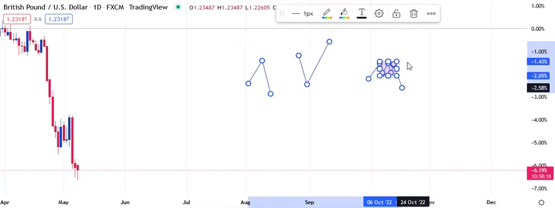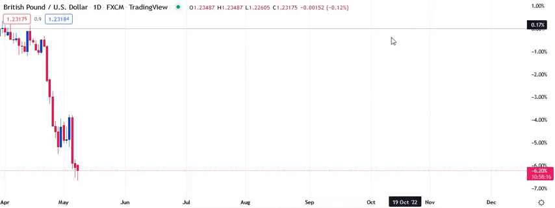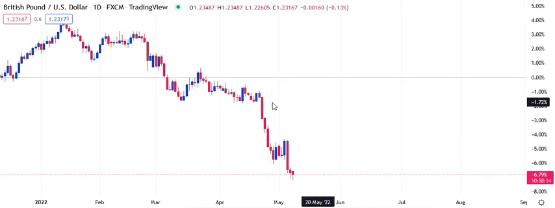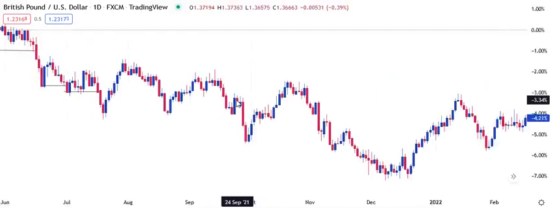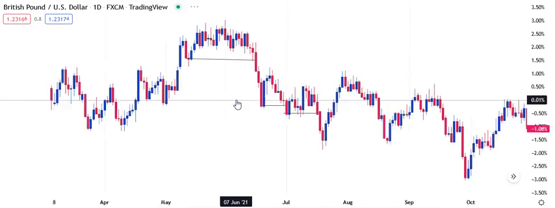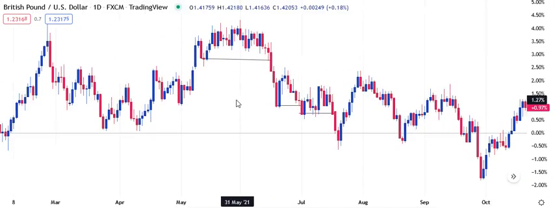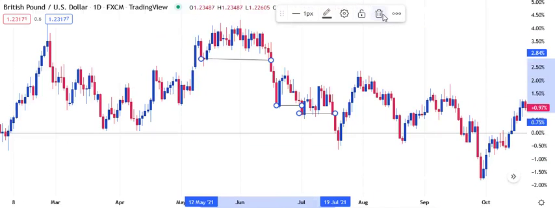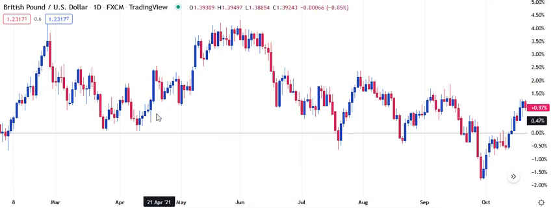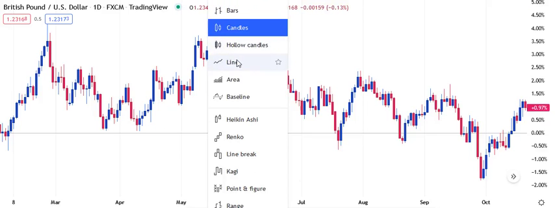All right, so let's go to the line chart and let me show you what I actually mean. Let's remove everything first for it to be clearer to you. This is your line chart.